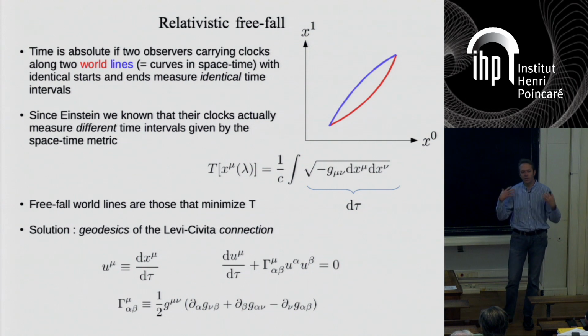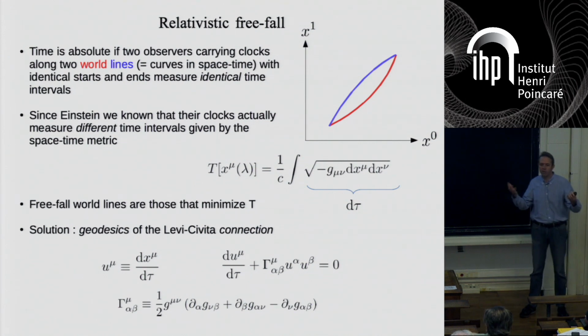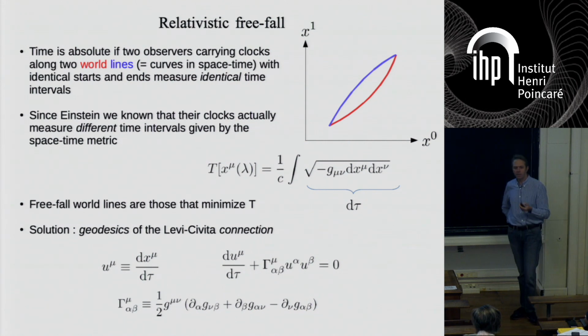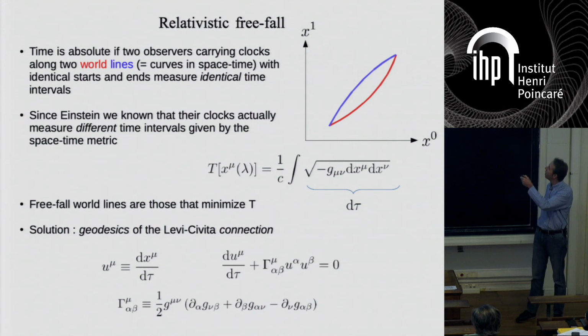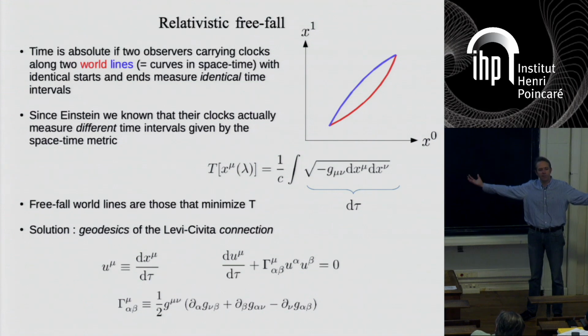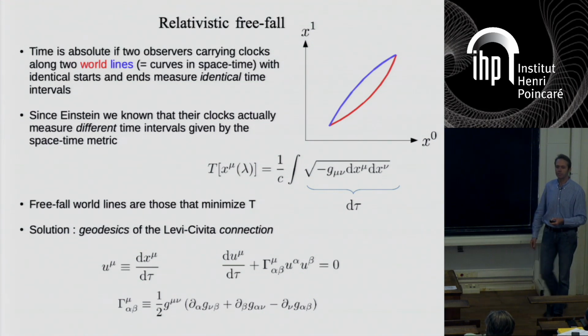While in the classical world, the time between two events depends only on the two events. It's the difference between absolute time here and absolute time here. In the relativistic world, we can be here at the same time, have the same clock, and then we live our lives separately, and we meet again later, and our clocks don't show the same time. Okay.